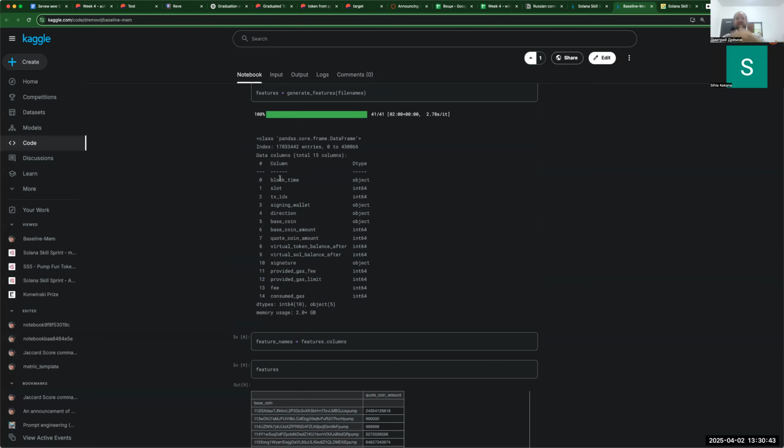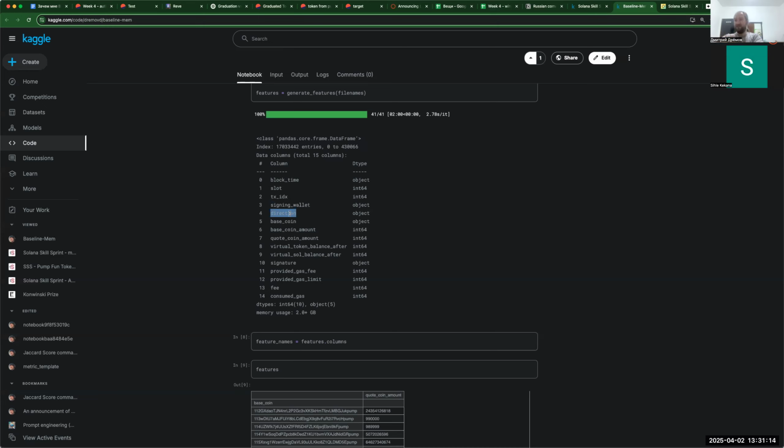For each operation, there is the block time and the slot, where one depends on the other. And there is a transaction, so you can take a look by your bare eyes if you want, or join with some other information. The signing wallet is basically the trader wallet, the wallet which pays for and authorizes this transaction.